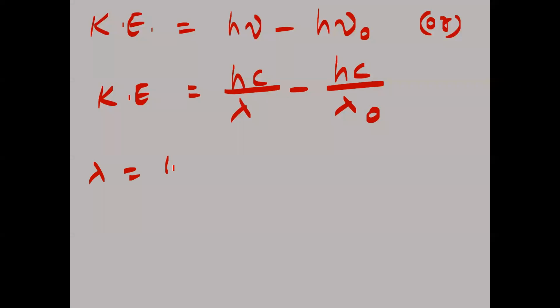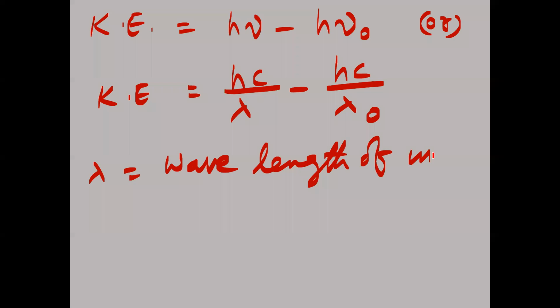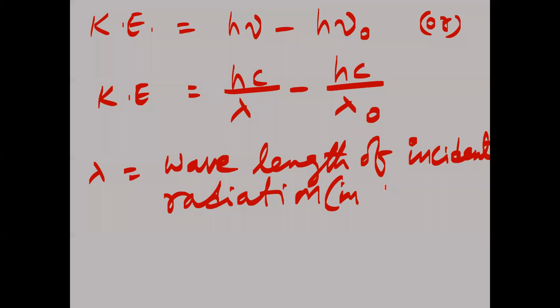Lambda is the wavelength of incident radiation which is falling on the metal surface. In centimeters or meters?